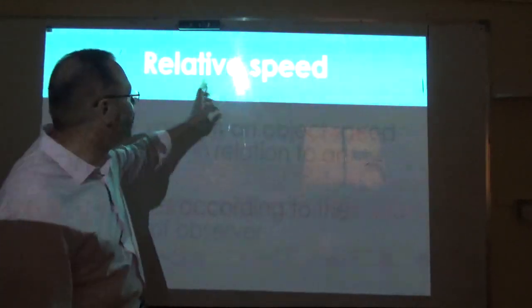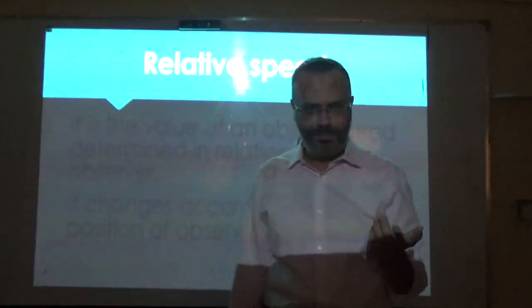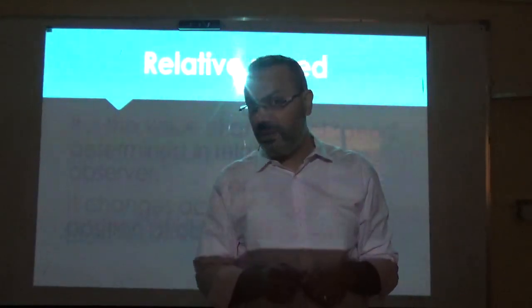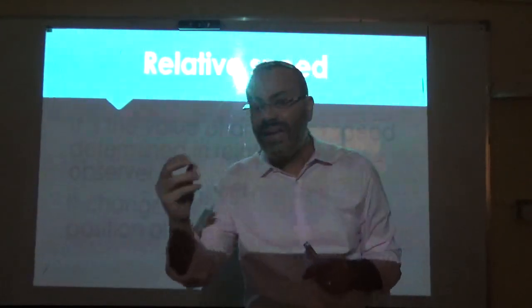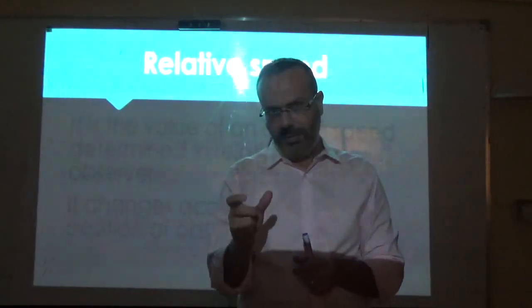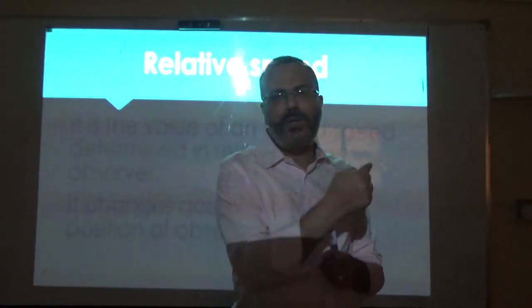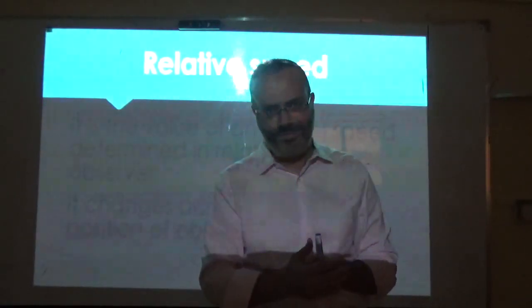Today, inshallah, we'll talk about the last topic in lesson 1, which is called relative speed. What is the meaning of relative speed? Relative speed is the value of an object's speed as determined or measured by a person, not a speedometer.